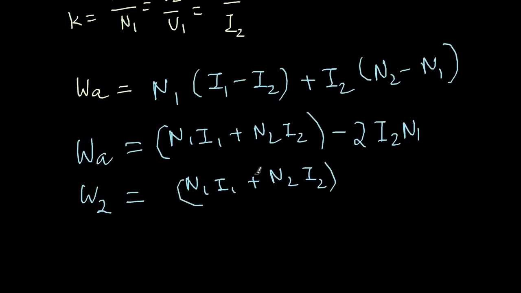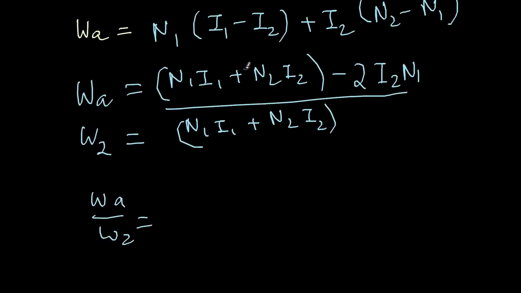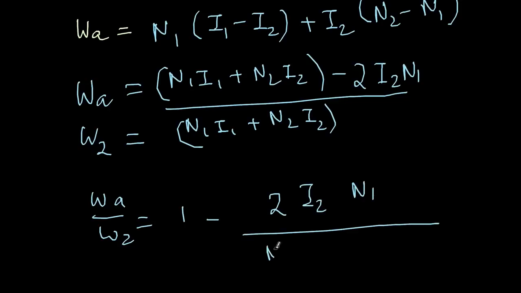So now if I divide these two, I'll get the ratio. So that is WA by W2, so this whole thing is dividing. Therefore here it will be 1 and then here it will be minus 2 I2 N1 divided by, I'm sorry, N1 I1 plus N2 I2.